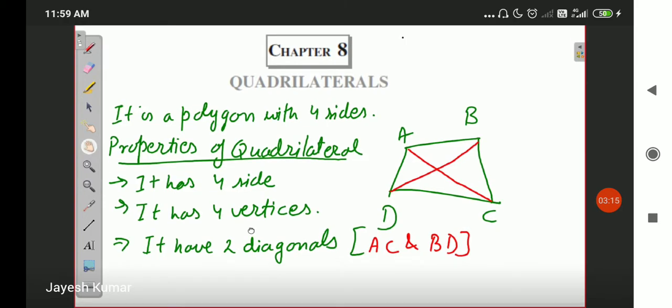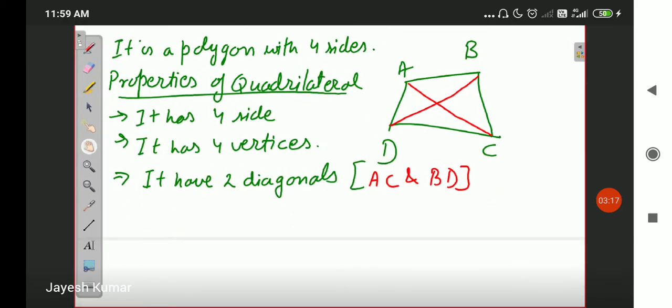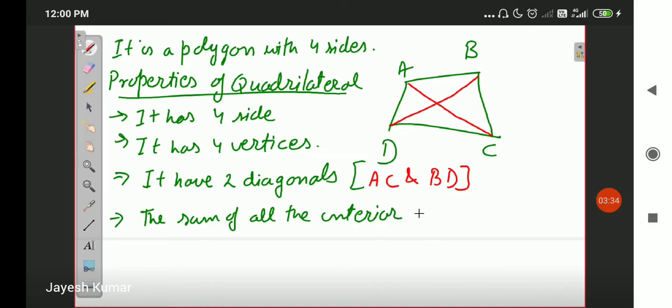What more does this quadrilateral have? Now something serious. The sum of all the interior angles is 360 degrees.